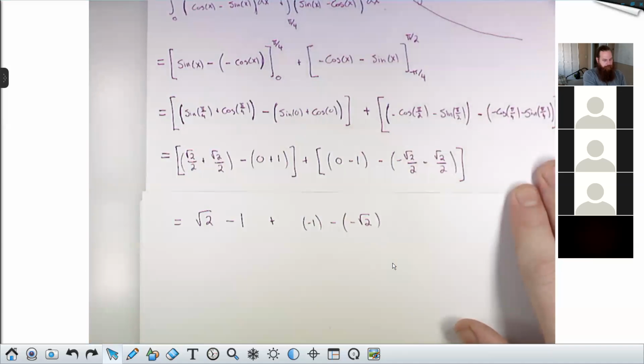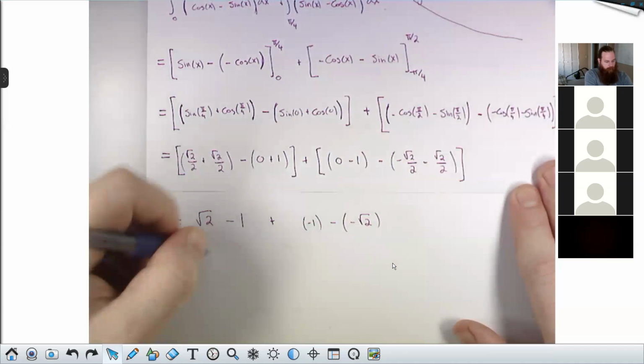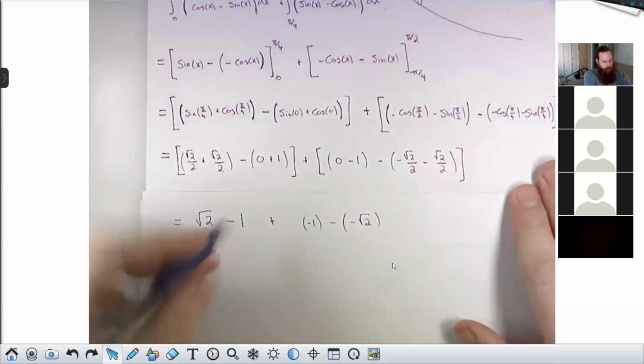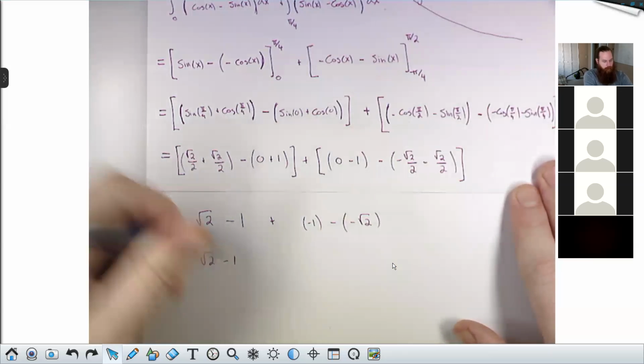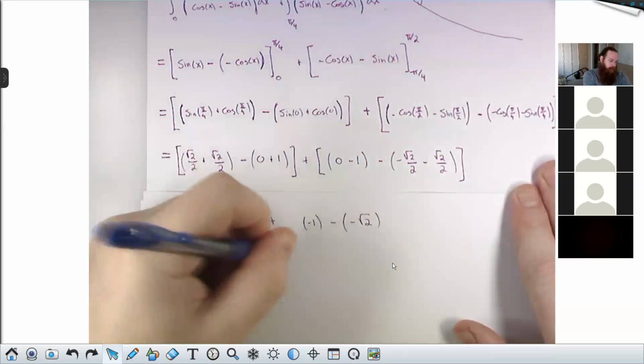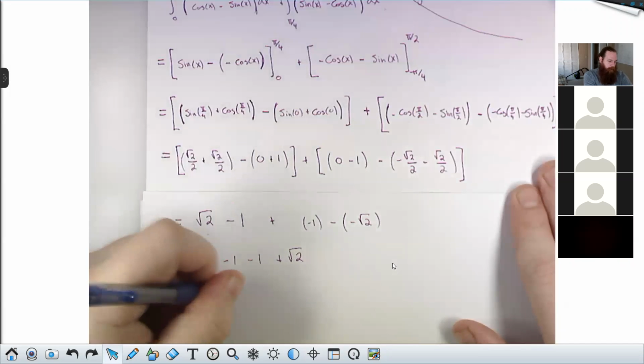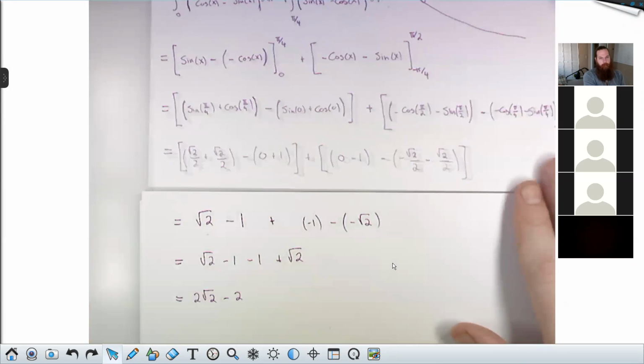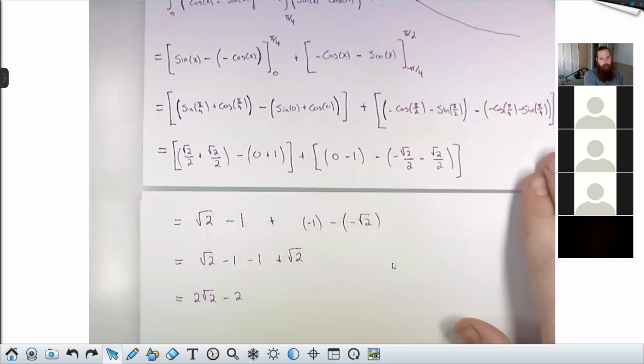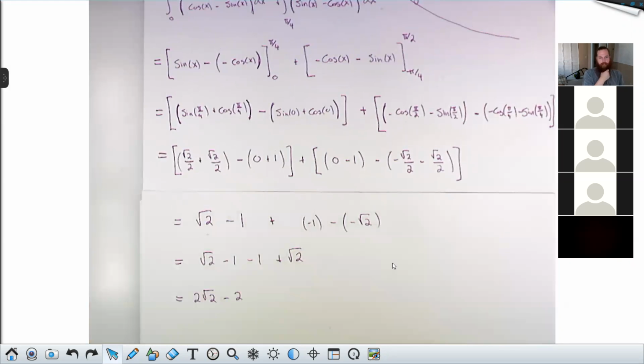So altogether I get root 2 minus 1 plus root 2, which is 2 root 2 minus 2. That's not bad.